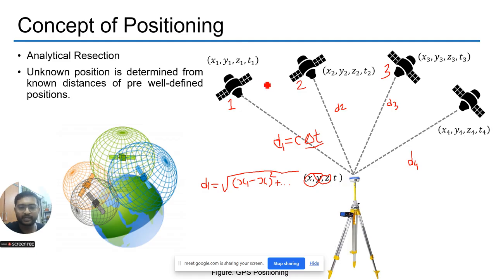So to make sure the time we get is accurate, we use cesium clocks, which have a precision of 10 to the power minus 12 seconds. But the clocks at the receiver side have a precision of only 10 to the power minus 3 or 10 to the power minus 4 seconds. So there is a very big difference in the precision of the clocks in the satellite and receiver. Because of that, there is a delay in time and the time also becomes uncertain.